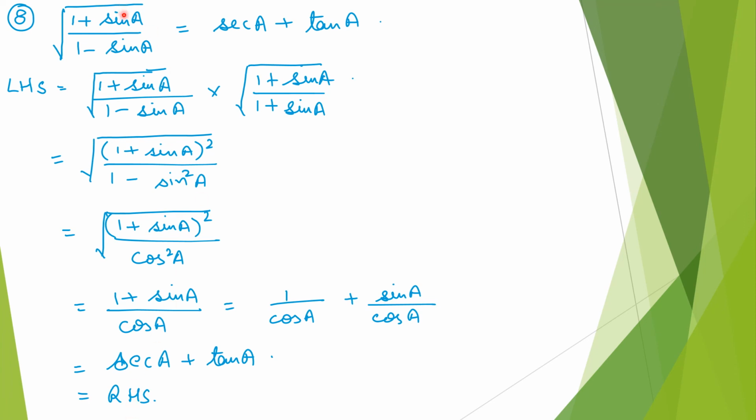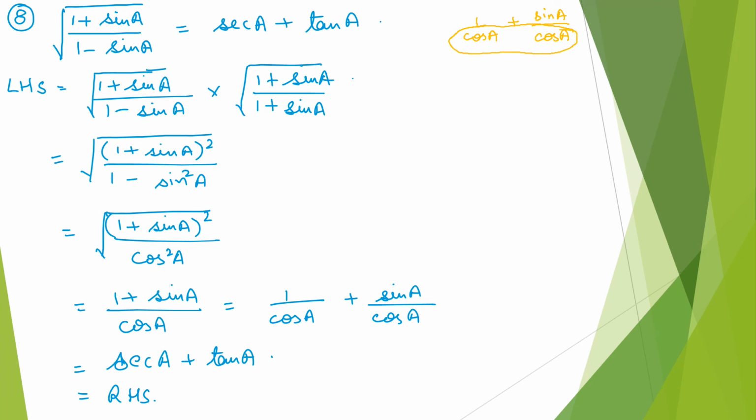This is one specific type of question which generally children get confused. What should I multiply? Everybody knows that you have to multiply and divide by something, but multiply and divide by what? So you have to look at what is there on your right hand side. Right hand side is saying secant A plus tan A. Secant A means 1 upon cos A and tan A means sin A upon cos A, which means my denominator has to be cos.